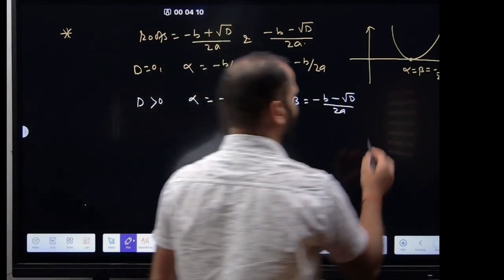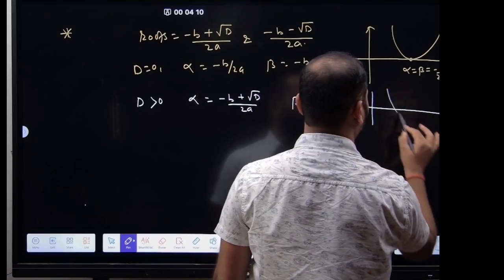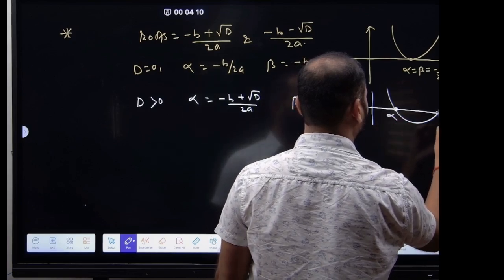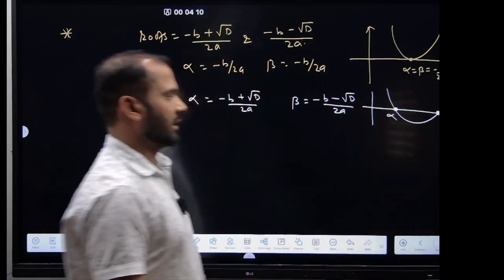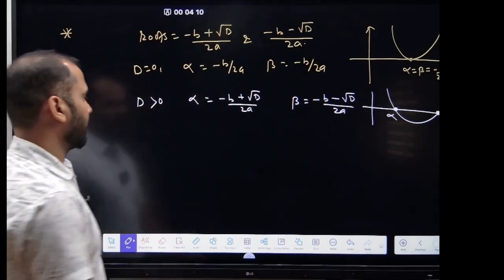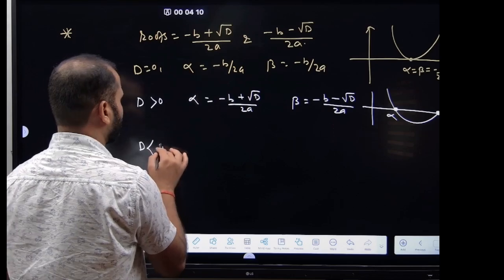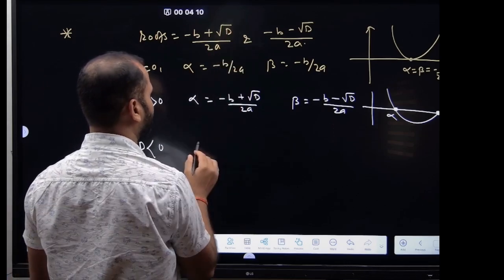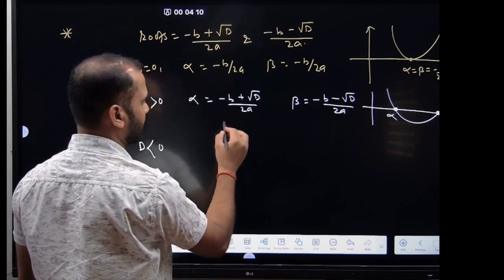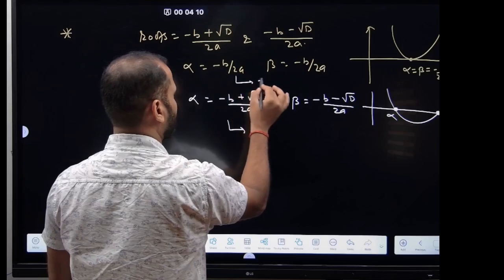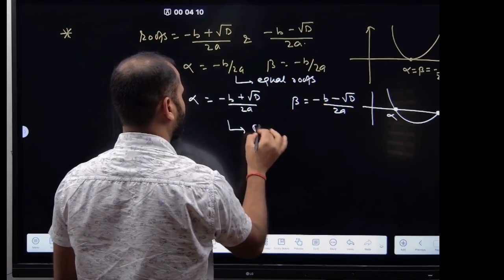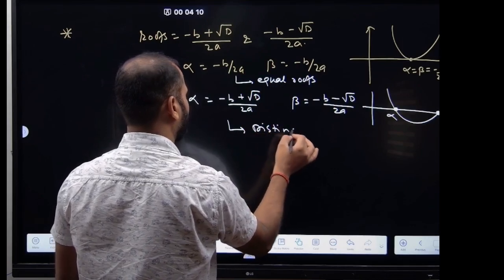So, two roots will be there. Let alpha be the lesser root and beta the greater one. If D is less than 0, then what will be the roots? So here you write distinct roots. This is equal roots and this is distinct roots.